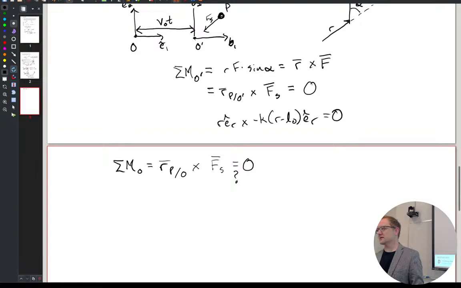Is it still 0? In a statics problem, if the sum of moments around one point is 0, everywhere it's 0, right? But in dynamics, can we still say the same thing? That if it's 0 in one place, is it still 0 somewhere else? That's what I want to know right now.